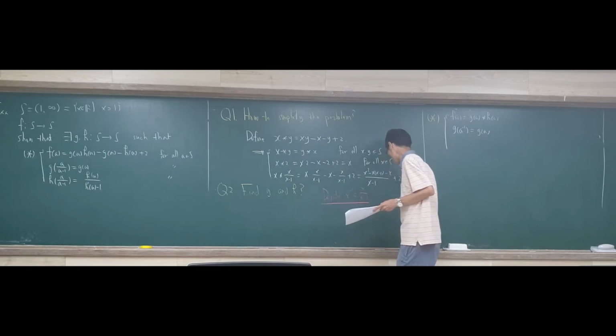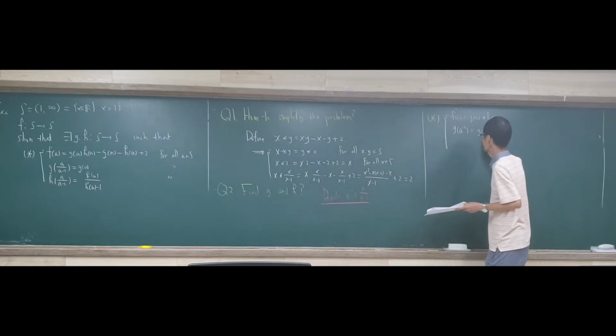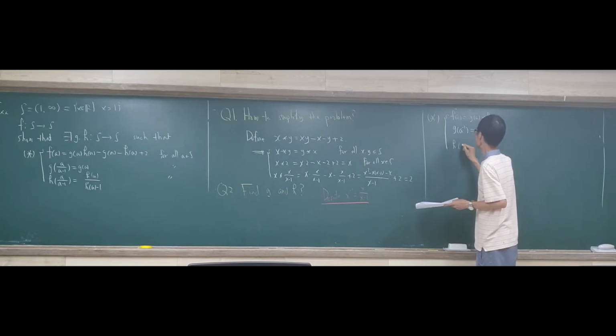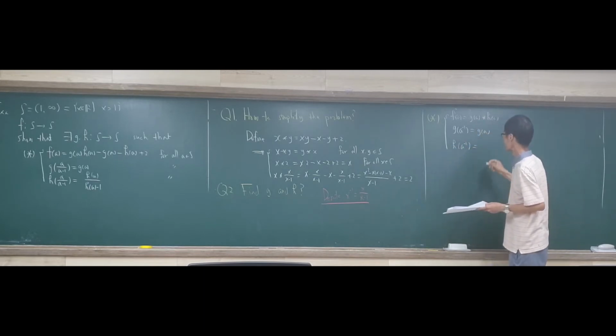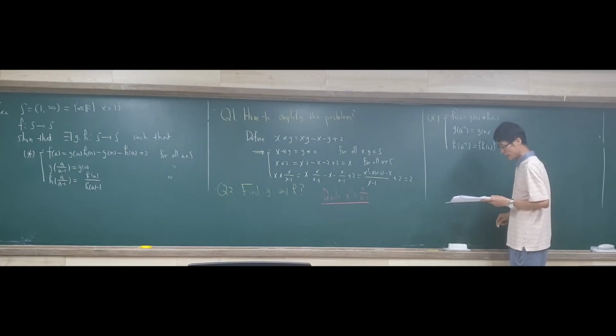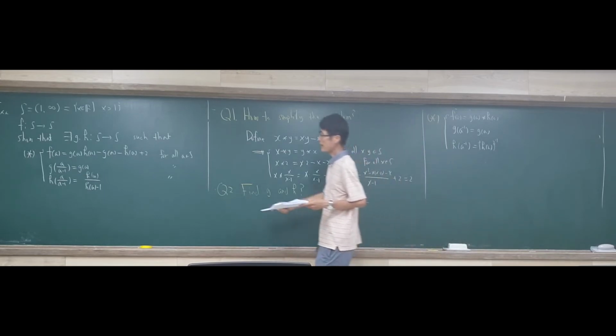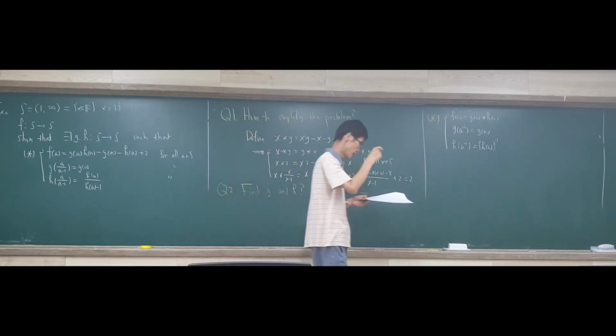By using this notation, this can be simplified in this way, and we can also see that H(a) to the negative 1 becomes inverse of H(a). So we have simplified the given condition star in this way.